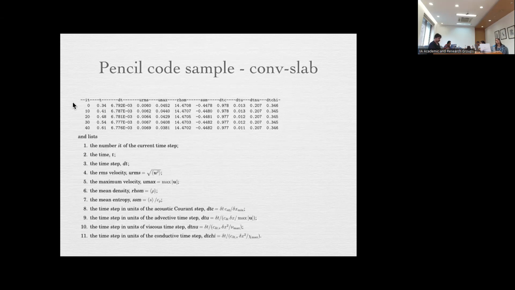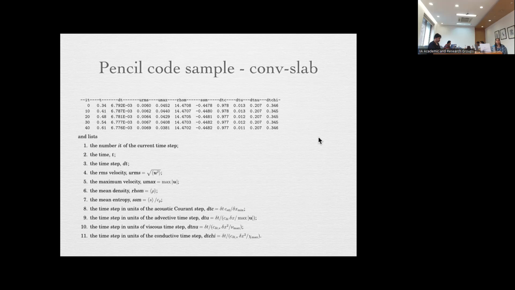In any of the samples, there is an output file known as timeseries.dat. In this file you will see a lot of these quantities, which is determined by a file called print.in in your run directory. The print.in will have these things written: IT, T, DT, URMS, UMAX.